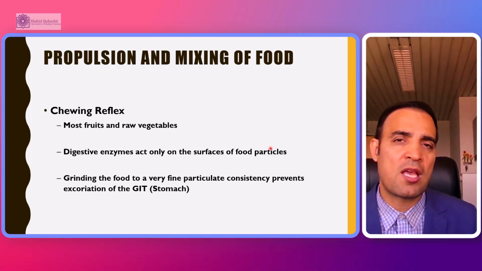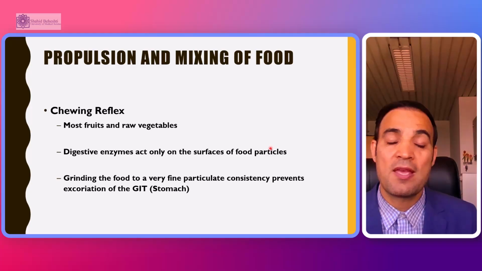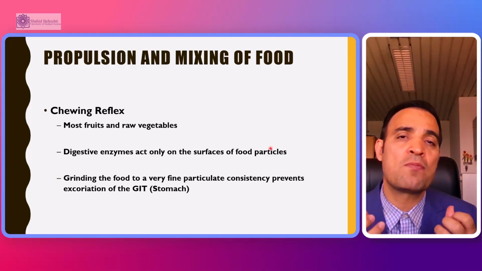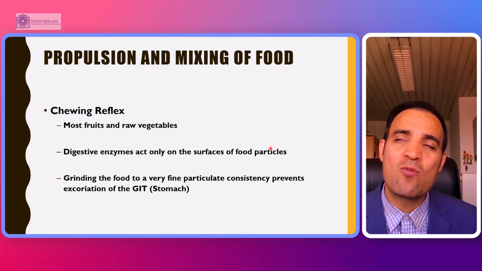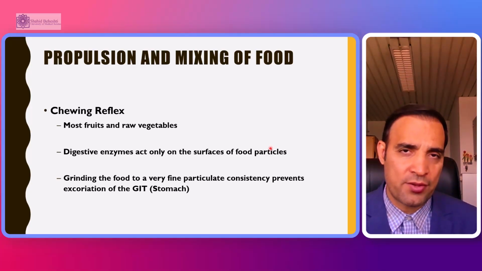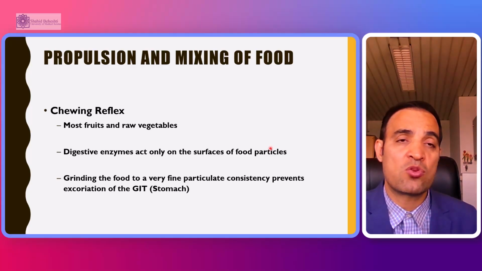Sometimes some aged persons do not have enough teeth, and they have gastrointestinal problems. This shows how important teeth are for our life, how important teeth health is for our overall health. This is a point that you should know.